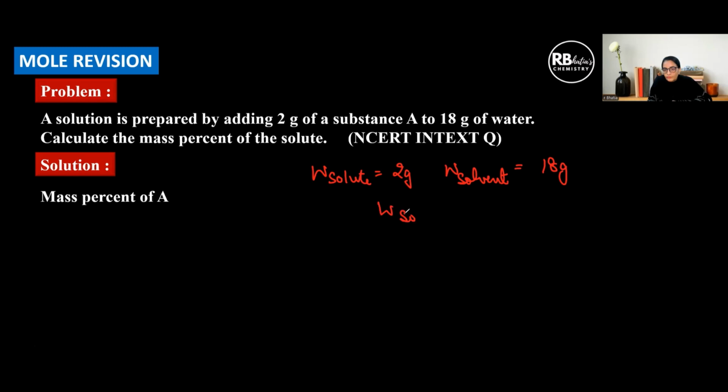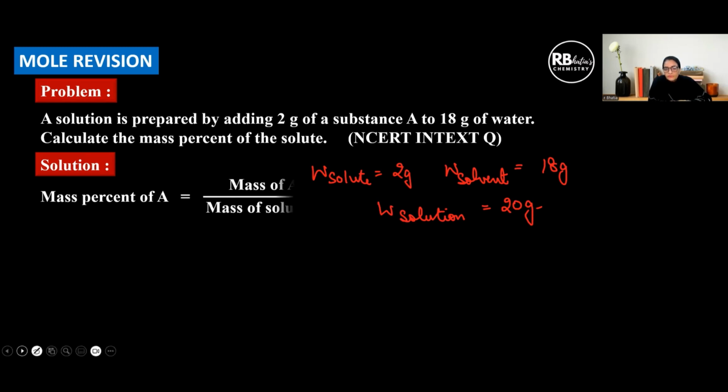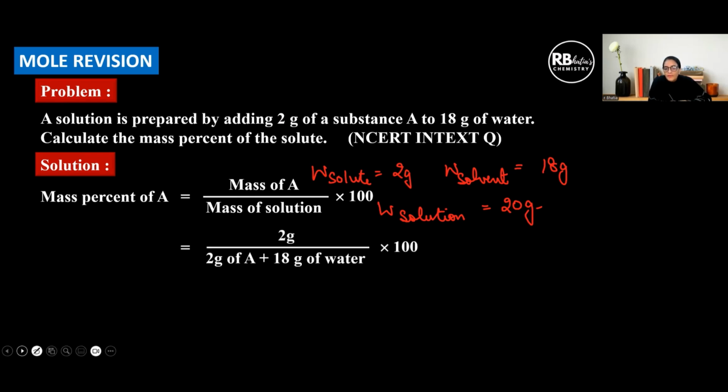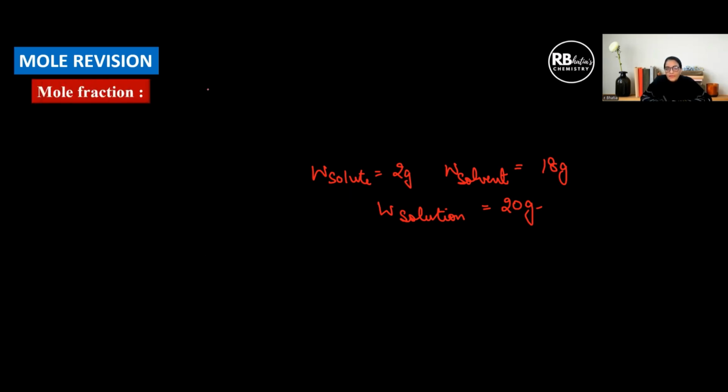Hence weight of solution is going to be 2 plus 18, that is 20 gram. Now we are going to just substitute the values, mass of A upon mass of solution into 100, which means it's going to be 2 upon 20 into 100. So our answer will come out to be 10%. Next, we take an application.